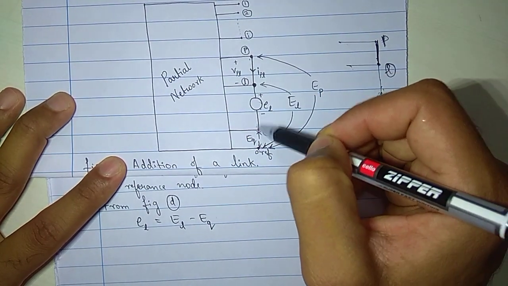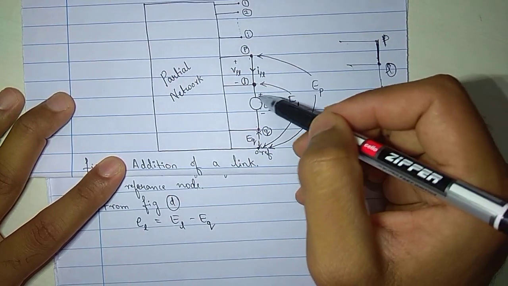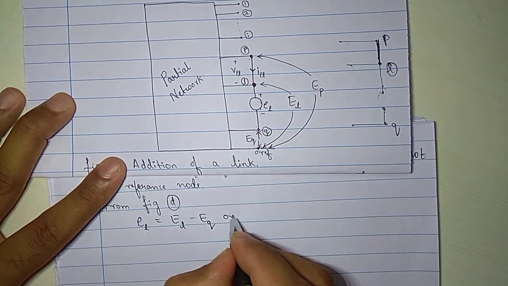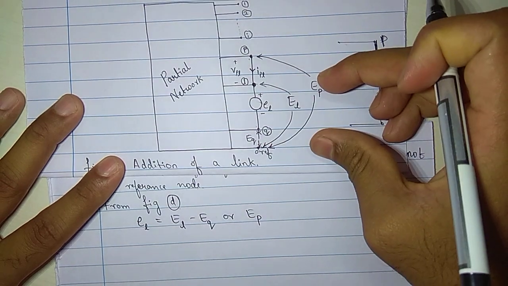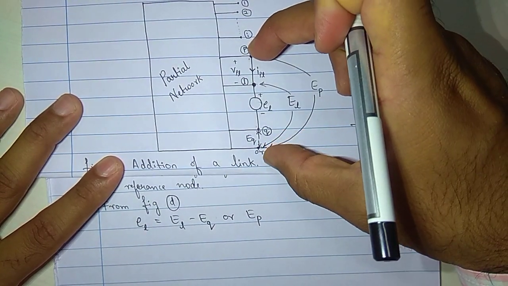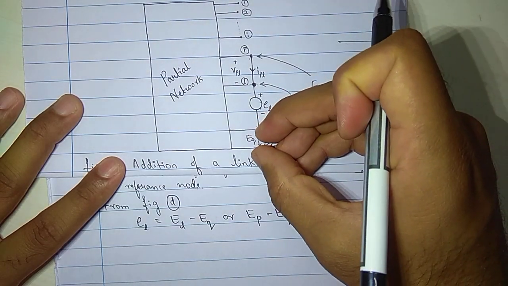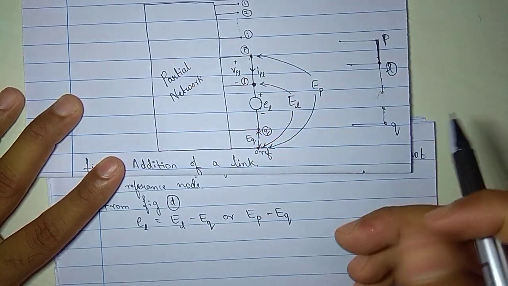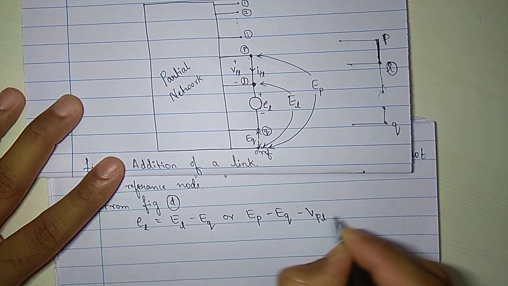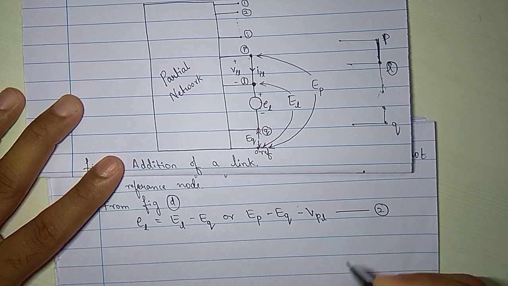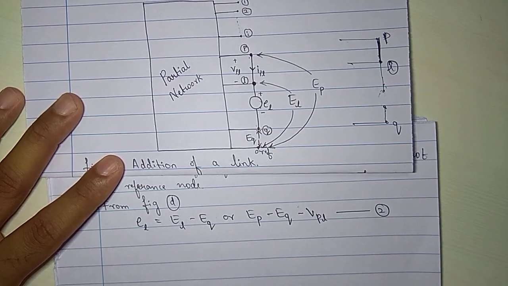Or it is also written as EP, from P to 0, EP minus EQ, this portion I am neglecting. Also I should neglect this portion. So minus VPL. I'll name this as equation number 2. Look at the equation and look at figure D. You'll get to know.